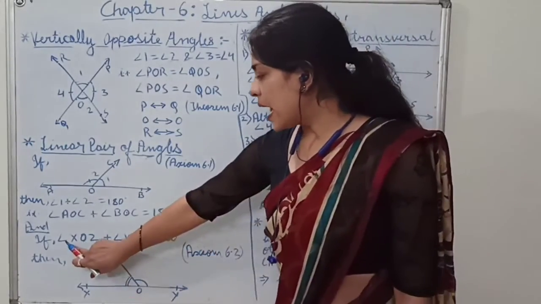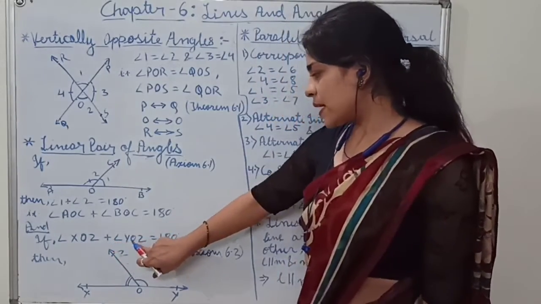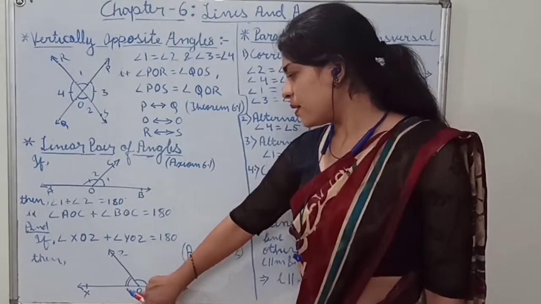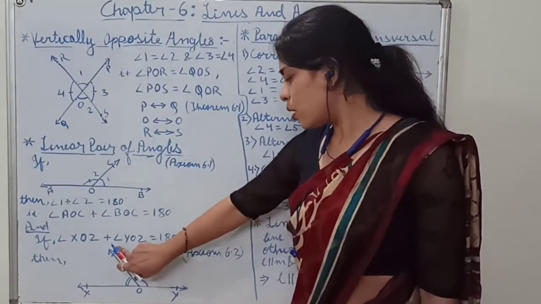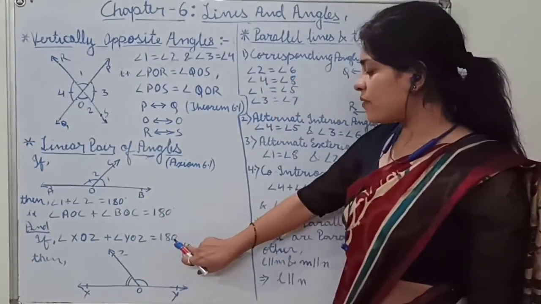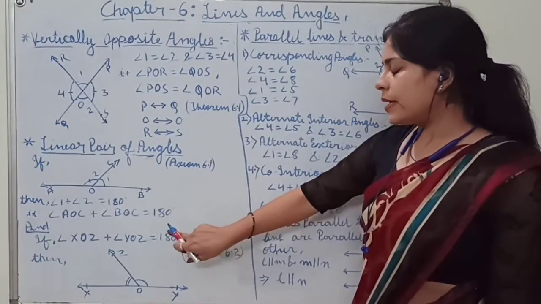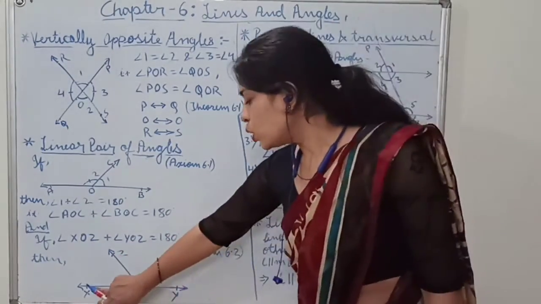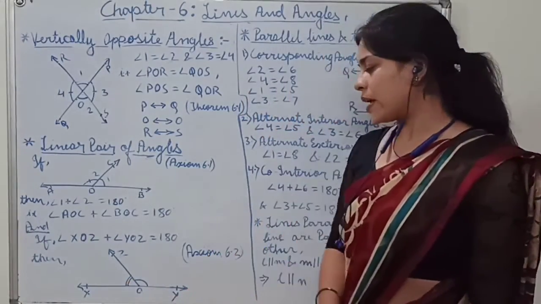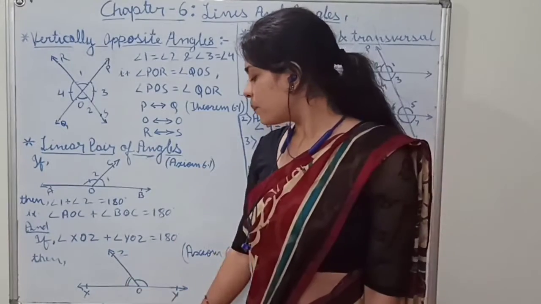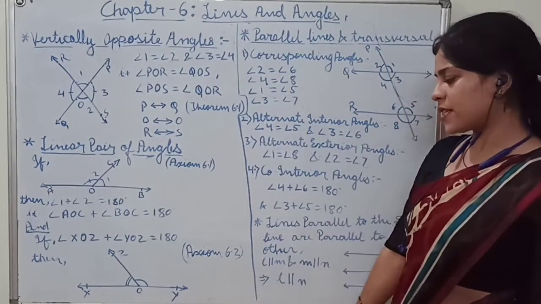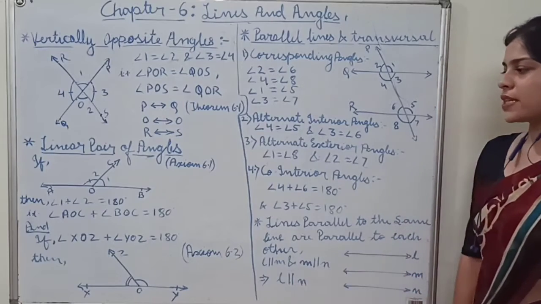O is the common vertex here and OZ is the common arm. The non-common arms OX and OY will form a straight line. This is our Axiom 6.2 given in the textbook.